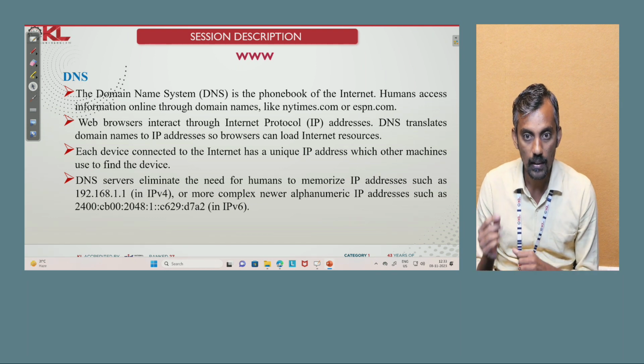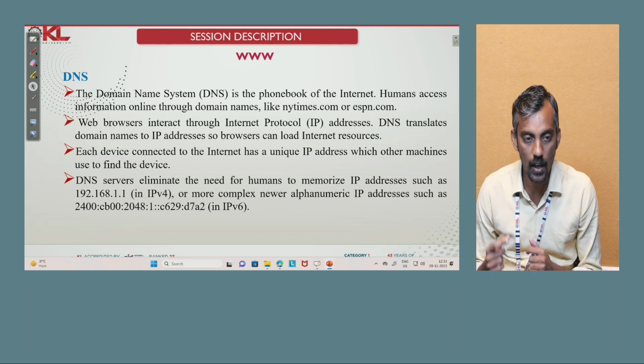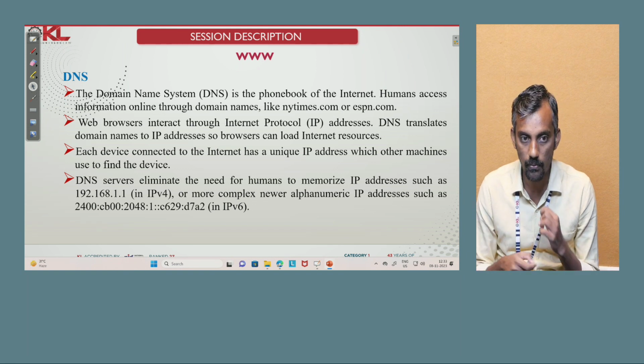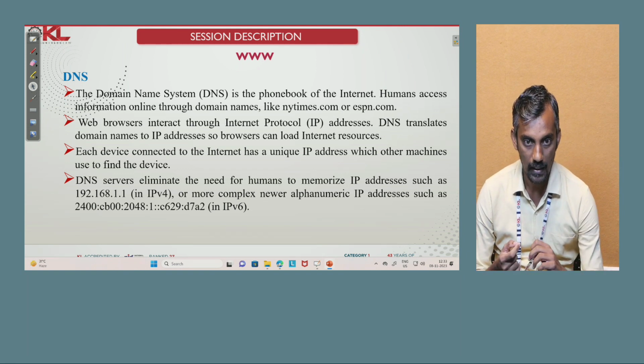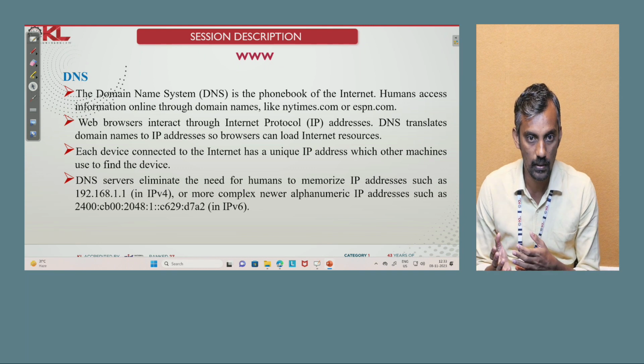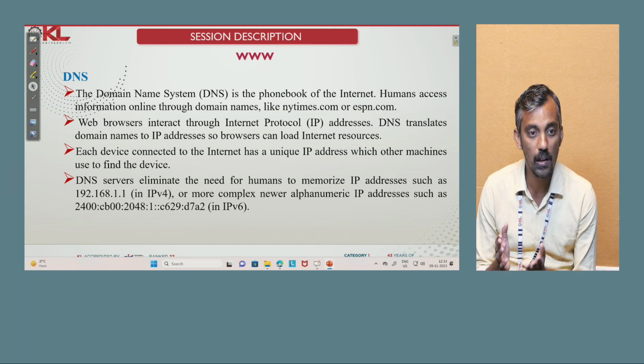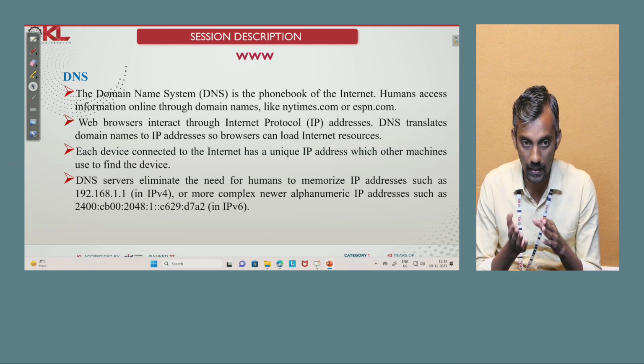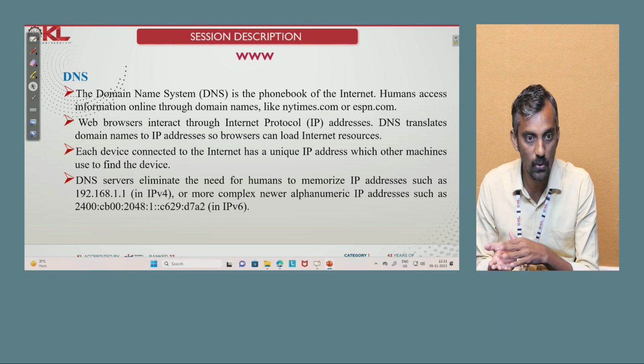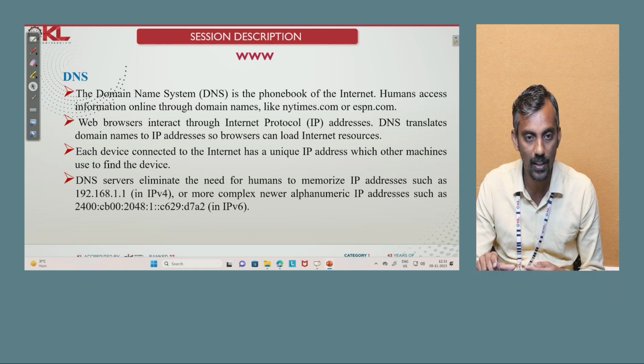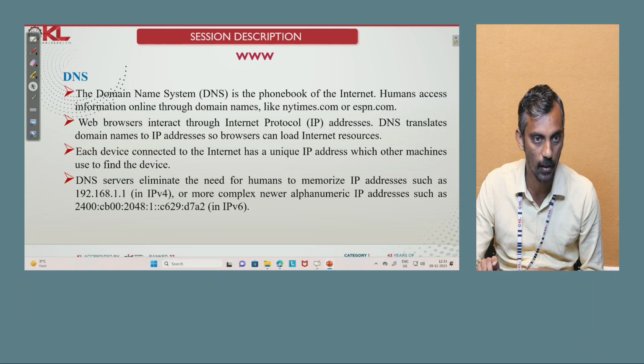But as humans, it is very hard to memorize numbers instead of names. So for that, DNS translates the domain names to IP addresses for the web browser to redirect to that particular website.